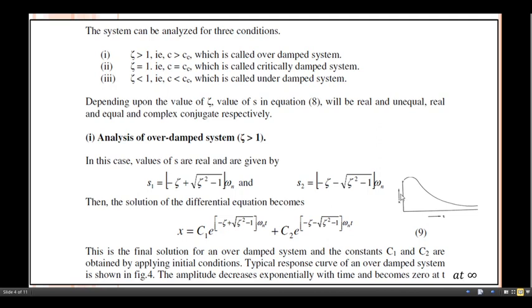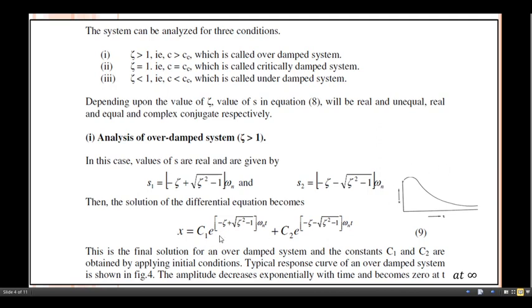If you look at this line, it runs almost parallel with the time axis, which means it does not reach the time axis, so that will take infinite time. This is called aperiodic motion.